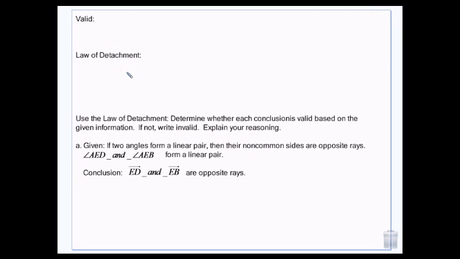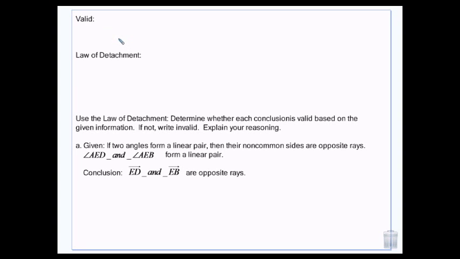If we can disprove a conclusion with a counterexample, then it's not a valid method of proving a conjecture. So it's not logically correct, okay?